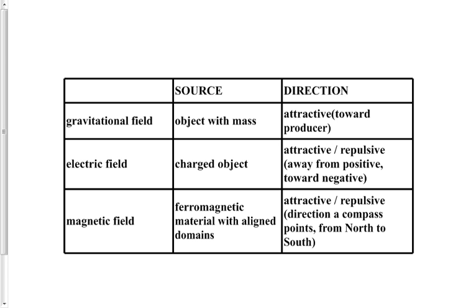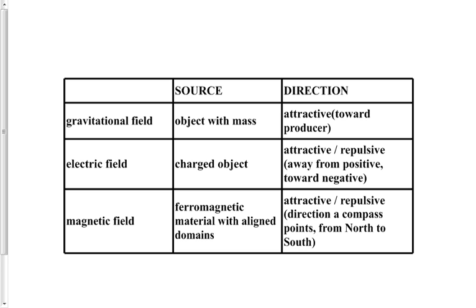Finally, we're just simply comparing the fields that we've looked at so far in Physics 20 and Physics 30. The gravitational field, the electric field, and the magnetic field. Of course, gravity is caused by something with mass, right? The Earth causes gravity. The sun causes gravity. You cause gravity, although not very much, because you have mass. The electric field is caused by something that's charged.